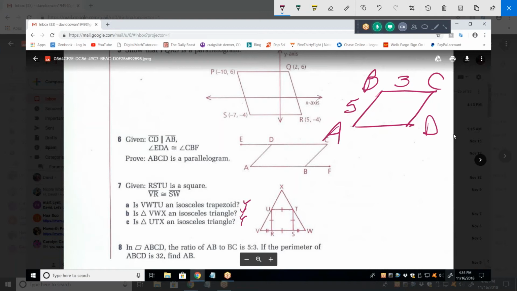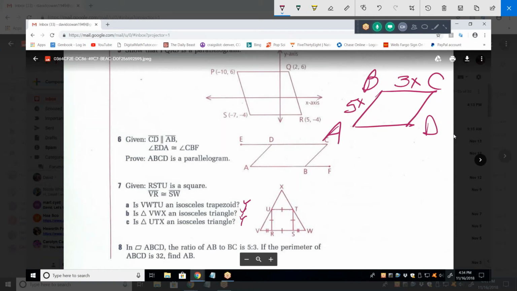Now, what mistake did I just make by labeling that 5 and 3? That's not its distance, it's the ratio. So I should have labeled it 5x and 3x. Now it's in the ratio, and it can be any multiple of 5, as long as it's the multiple of 3 also. So that's the first thing we need to do.